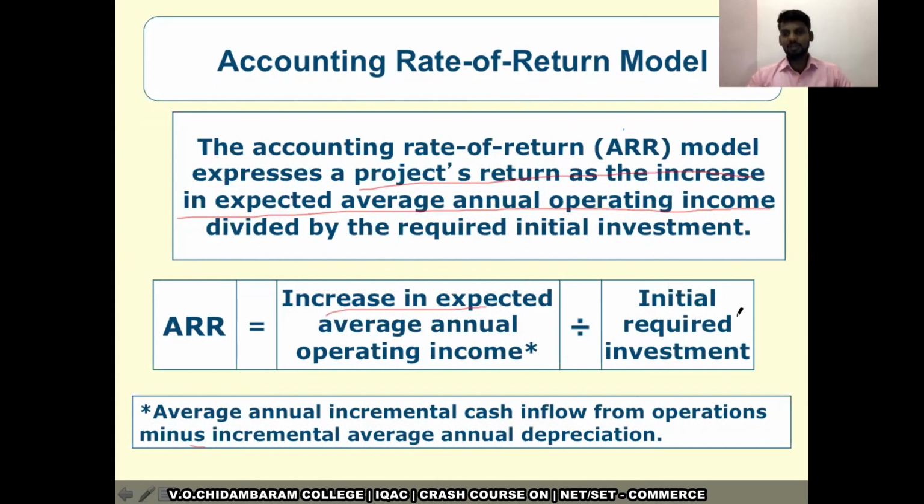Normally, ARR is calculated in 2 different formulas. One formula is the increase in expected average annual operating income divided by the initial investment. In certain companies, it is the increase in expected average annual income divided by the average investment. Average investment is nothing but the investment divided by 2.